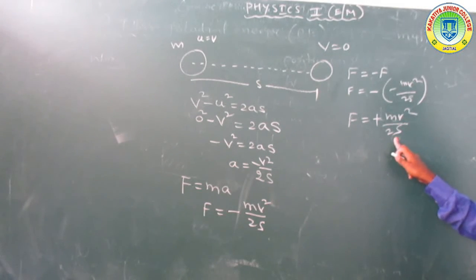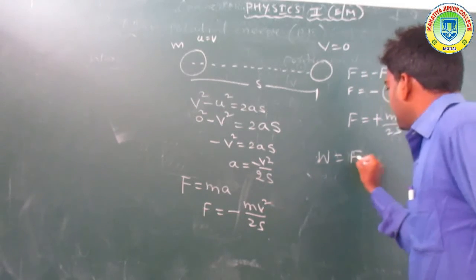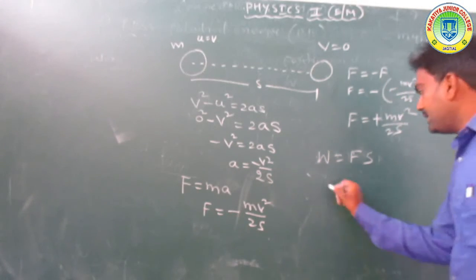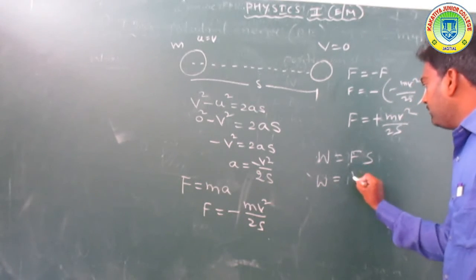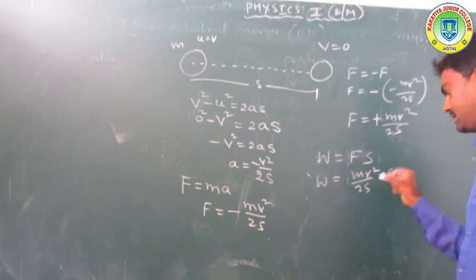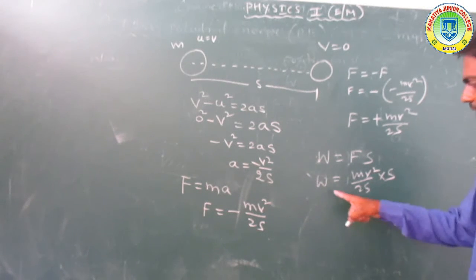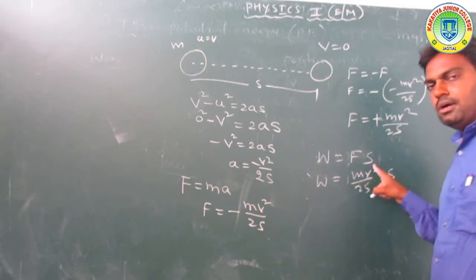According to the definition of work done, W is equal to Fs. So F is taken as m v square by 2s into s. Work is equal to force into displacement.